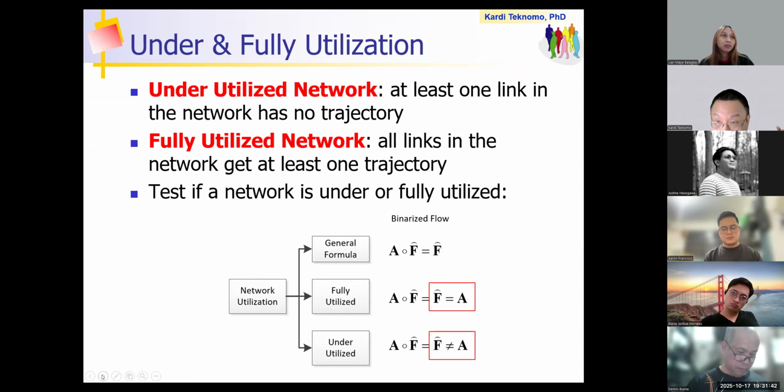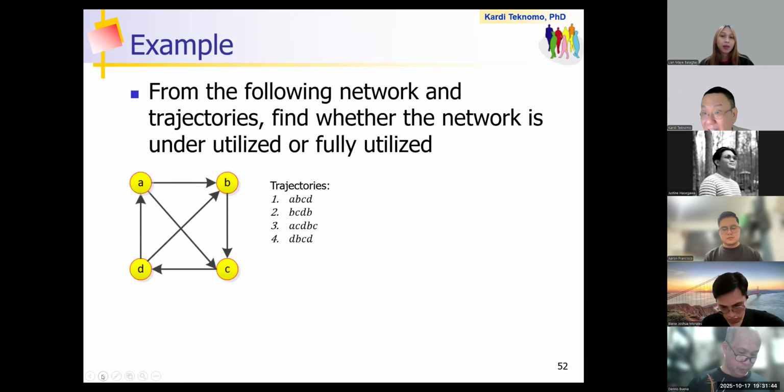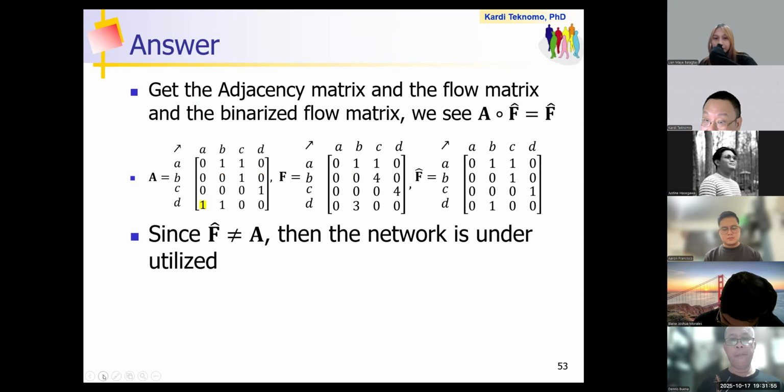Clear? So let's take an example. I have this trajectory and the network. Is this fully utilized or not? You get the adjacency matrix, you get the flow matrix, and then you binarize it. When you binarize, you check whether F binarized is the same as the adjacency matrix.